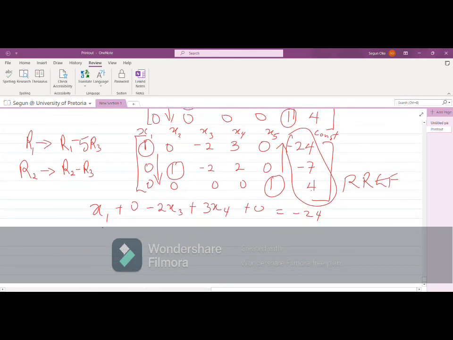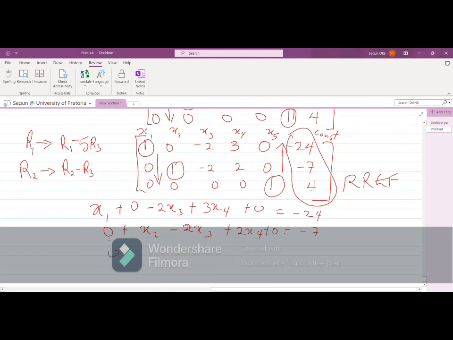Then the next one is 0. I'm not supposed to write it because I'm explaining, that's why I'm writing it for you. x2 minus 2x3 plus 2x4, 0 plus 0 equals minus 7.